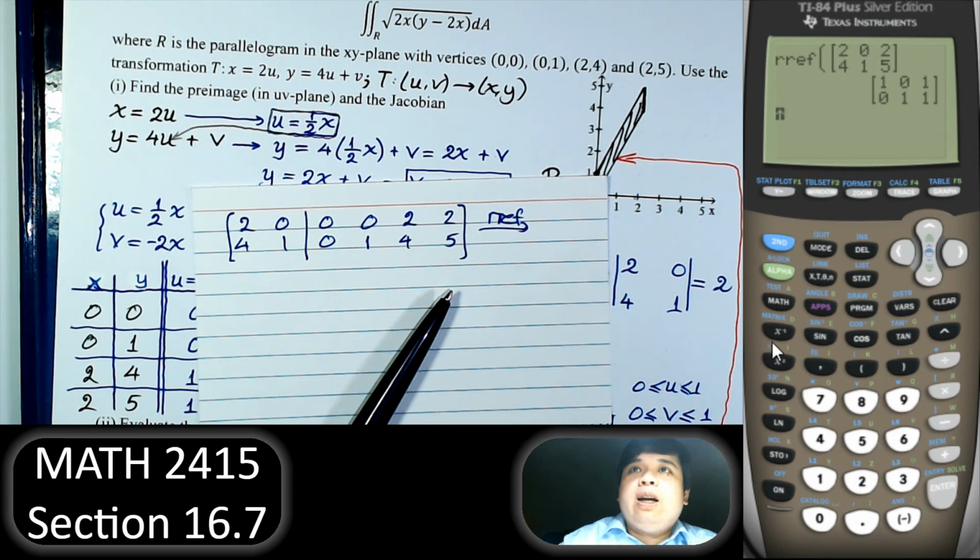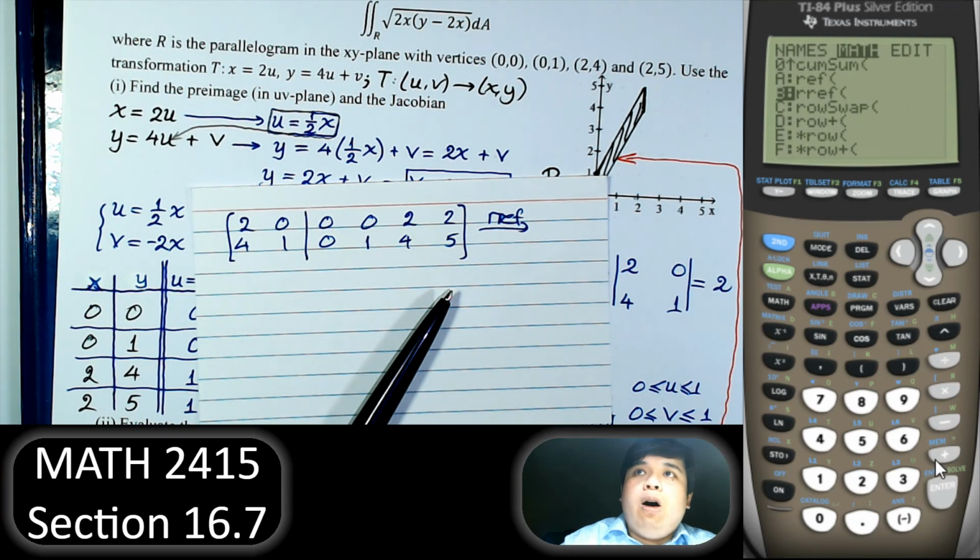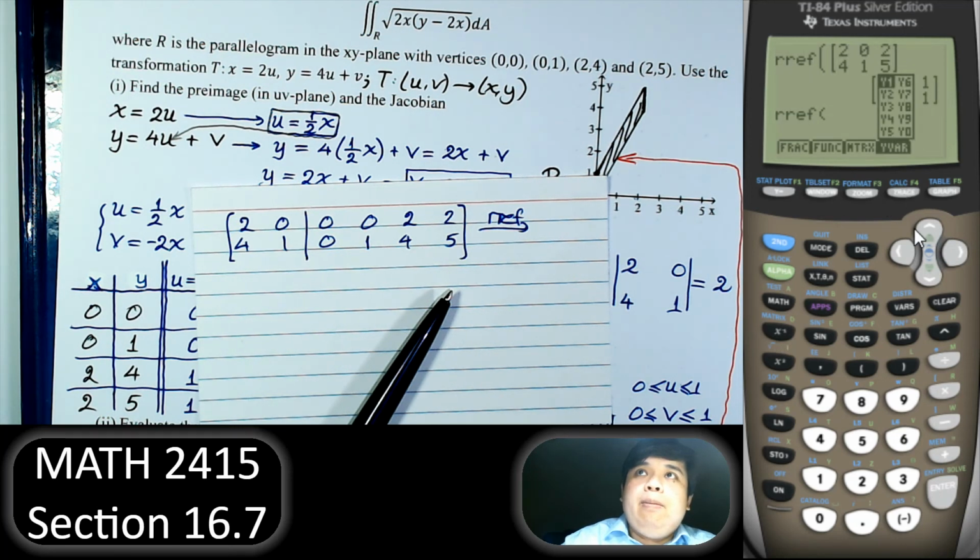So, second matrix, RREF, alpha, zoom. Now we have 2 rows, but 6 columns.